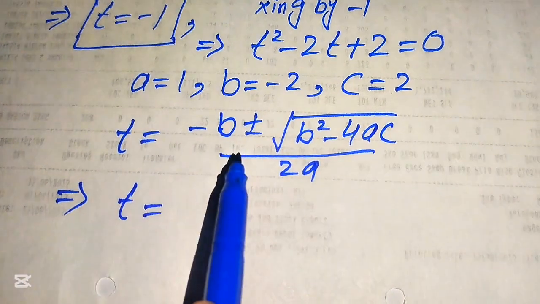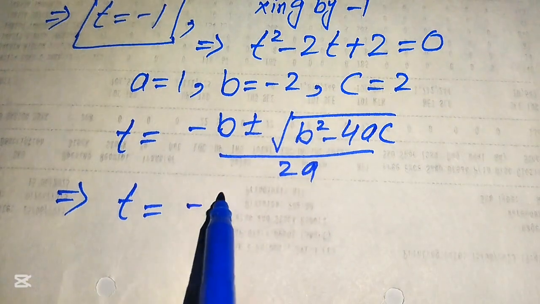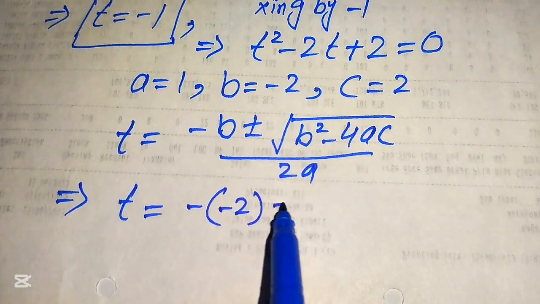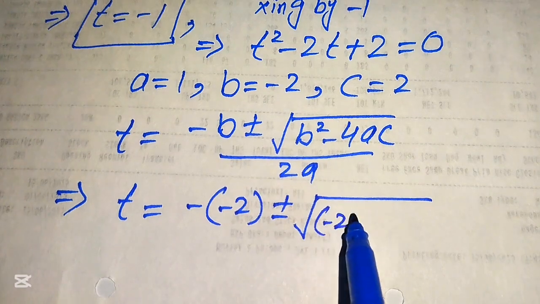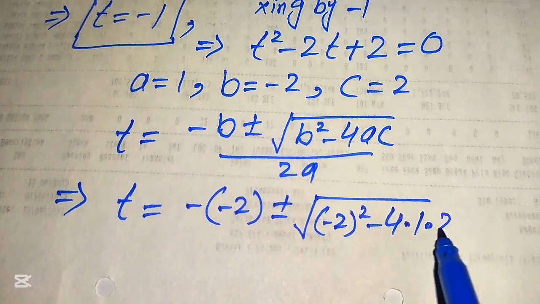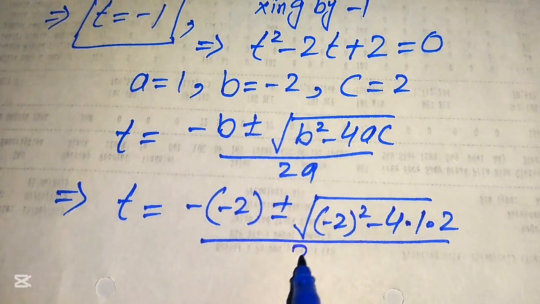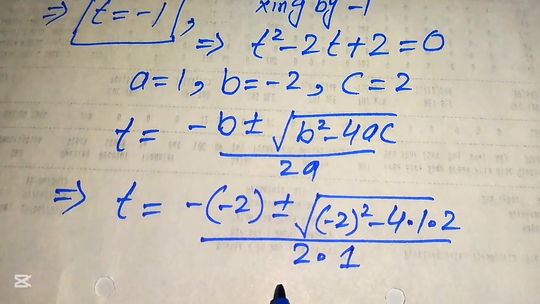The value of b is -2, so it becomes minus times -2 plus minus square root of b square, so b is -2 square, minus 4 times a, which is 1, and c is 2, divided by 2 times a. Here our a is equal to 1.